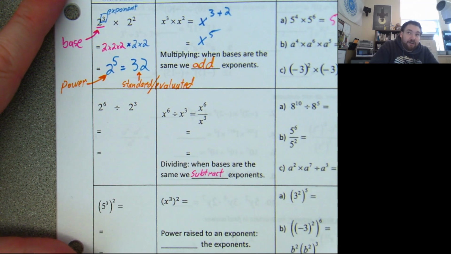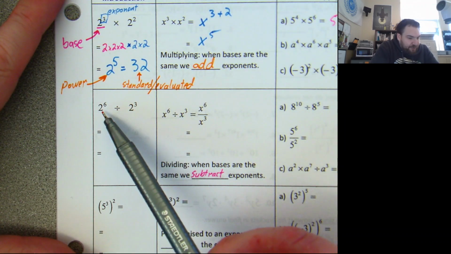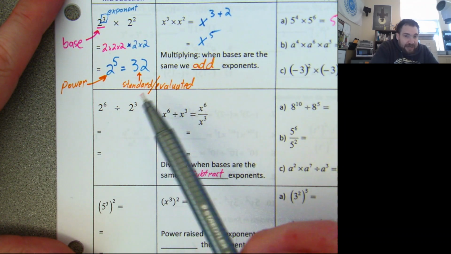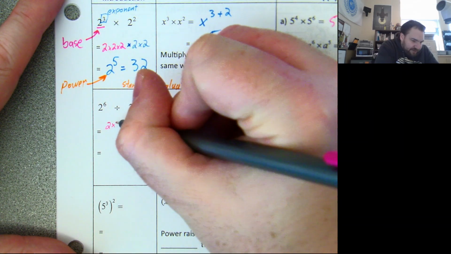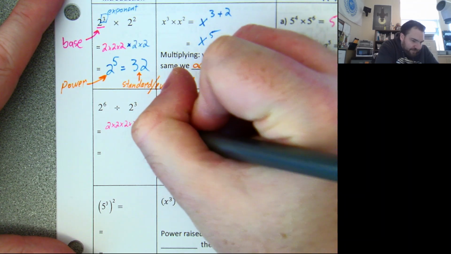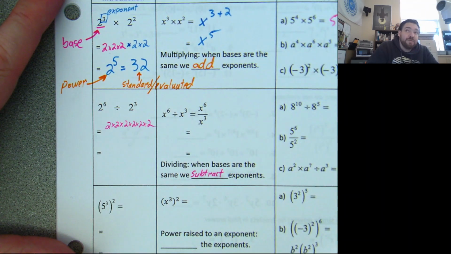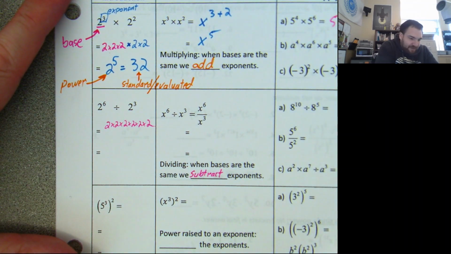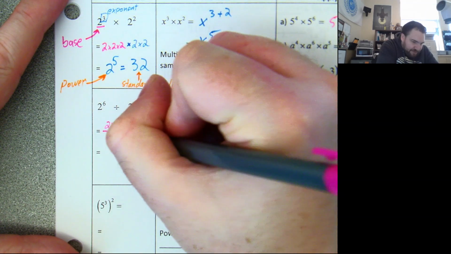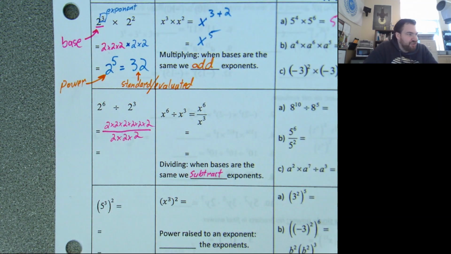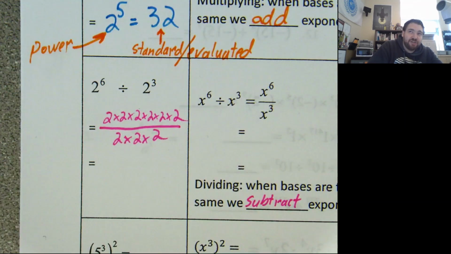Take a look at what we've got here. If I've got 2 to the power of 6 divided by 2 to the power of 3, I can rewrite this thing as 1, 2, 3, 4, 5, 6. I have 6 2's multiplied together, and I'm going to divide that by 3 2's multiplied together. I'm just going to change the notation, rewrite the thing as a fraction.